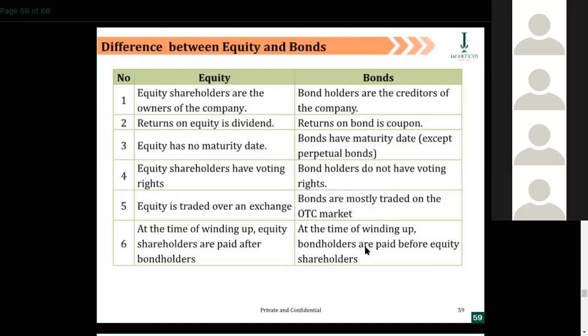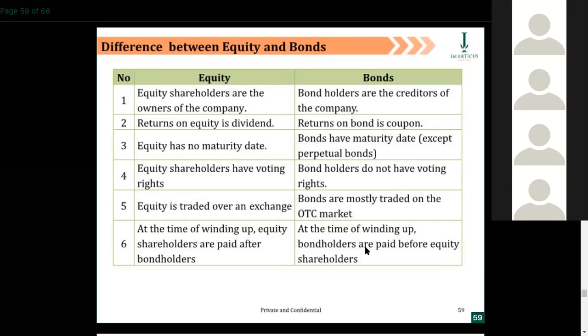Similarly, as we did earlier, here you have the relation between equity and bonds. Equity shareholders are the owners of the company. Bondholders are the creditors of the company. Returns on equity is dividend; returns on bonds is coupon. Equity has no maturity date. Bonds have a maturity date, except perpetual bonds. Equity shareholders have voting rights, and bondholders do not have any voting rights.